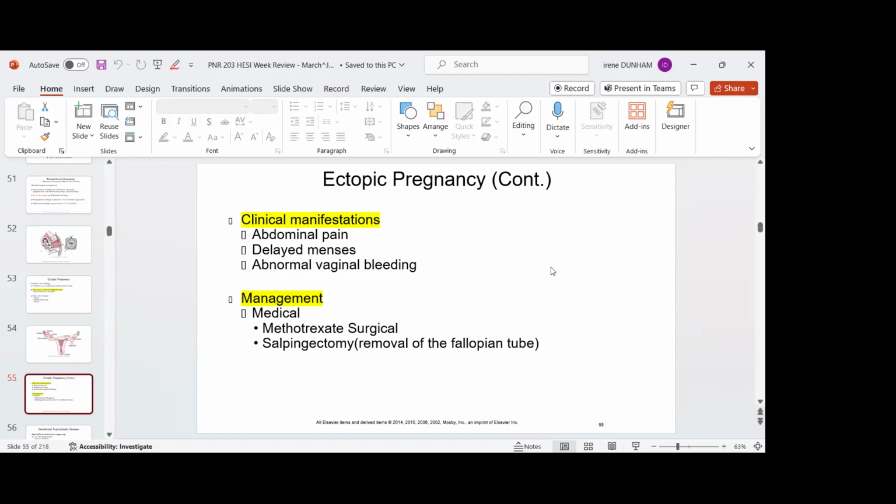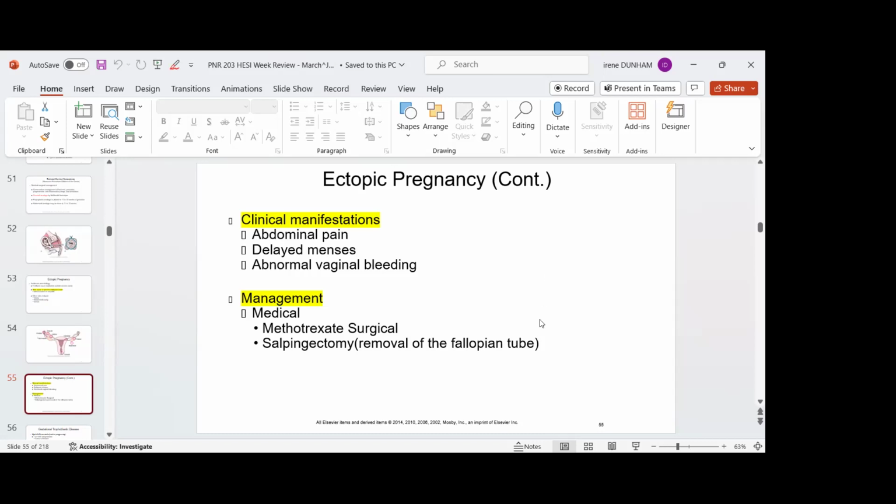If there's anything in the way, it doesn't. It gets stuck. And so the cells don't stop dividing. They just keep dividing. Boom, boom, boom. And so it keeps growing inside this fallopian tube. And that's when you can get pain.